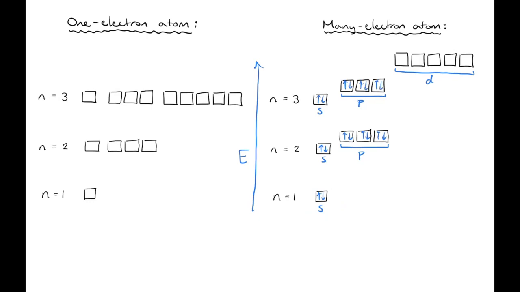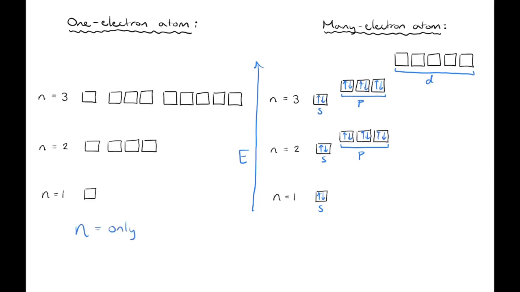And this can actually get kind of tricky as we go up in energy levels. I'm not going to fill up the d orbital quite yet because it turns out that things will start to overlap even a little more beyond this. But it's just important to know that in terms of calculating and understanding what energy your electrons have in the atom, if you're dealing with a single electron atom, n is the only thing you need.